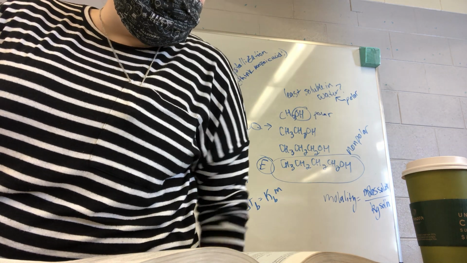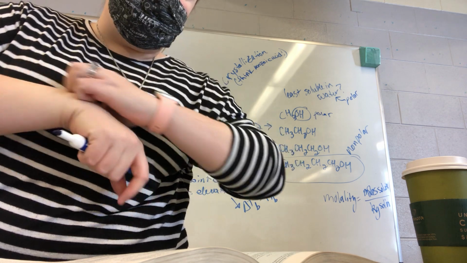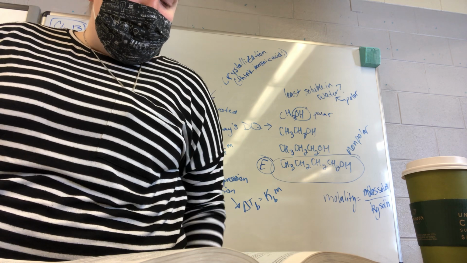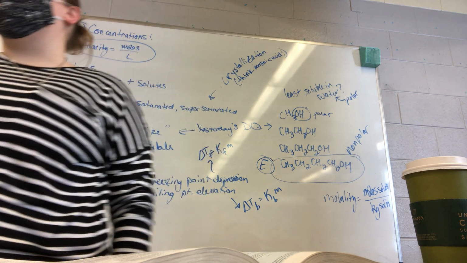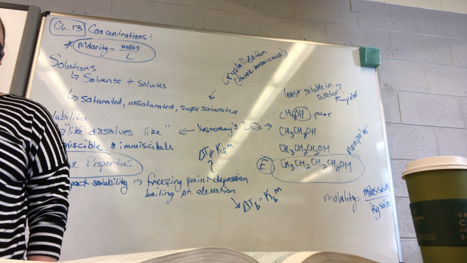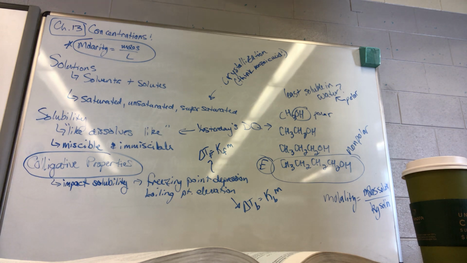One of the things we did discuss about molality and the colligative properties is: does the identity of the solute really matter? And we did a whole lab based on this. No, it does not matter. The identity of the solute didn't matter. We did sugar and salt solutions. The amount mattered.